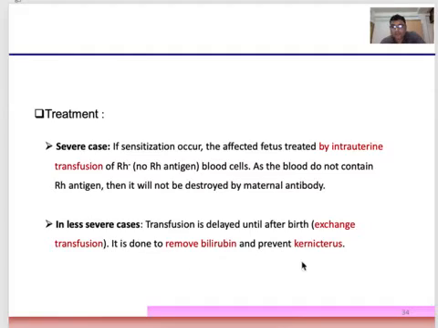It is done to remove bilirubin and prevent kernicterus. If you look carefully, in both cases the treatment is the same: we have to transfuse blood into the baby. In a severe case, the transfusion needs to be done during the pregnancy, but if the case is less severe, we can do the transfusion after childbirth.